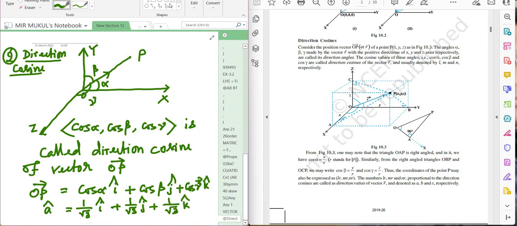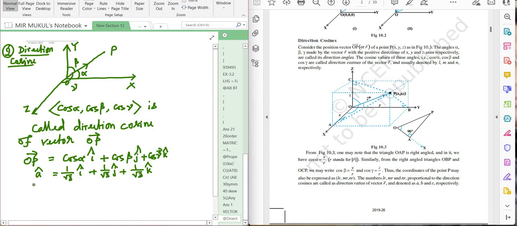Clearly it is a unit vector because its magnitude is 1. So the direction cosine of this vector we can write as 1 by root 3, comma, 1 by root 3, comma, 1 by root 3.